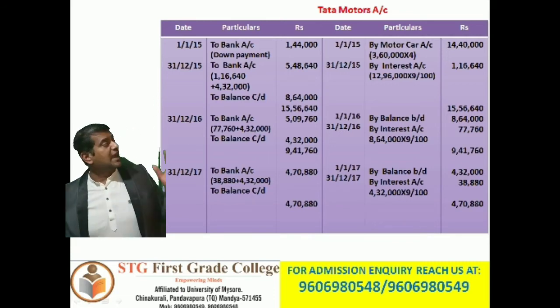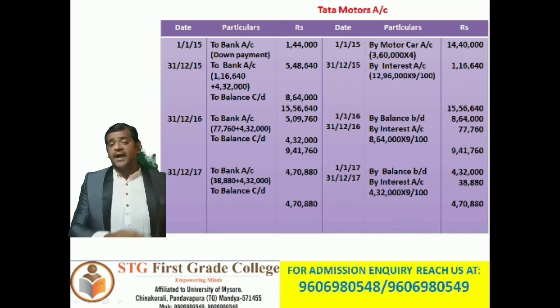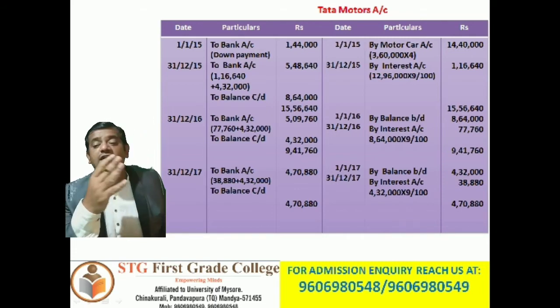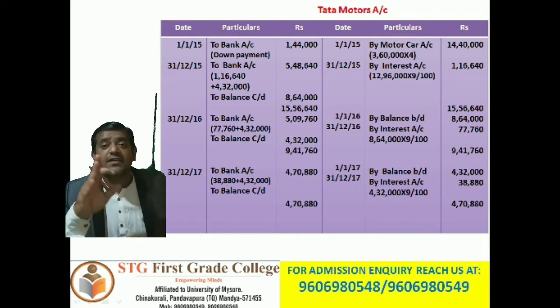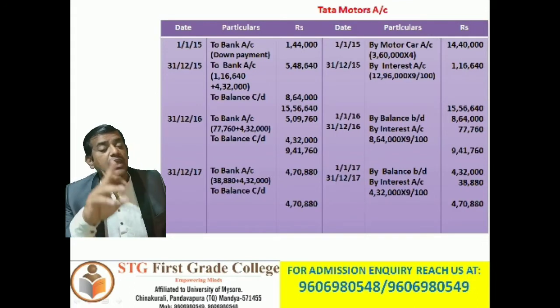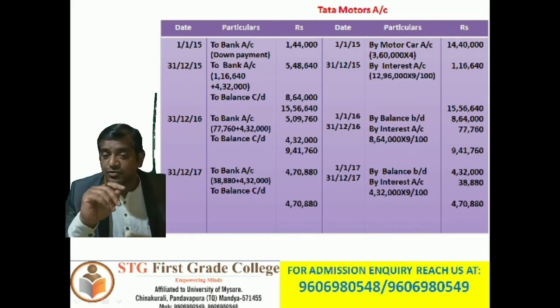4,70,880. So get back to the debit side. 31st 12/2017 to bank account. Open the bracket. We know the rate of interest, that is 9%. When we calculated, we got 38,880. So write down that 38,880 plus the equal installment amount 4,32,000.